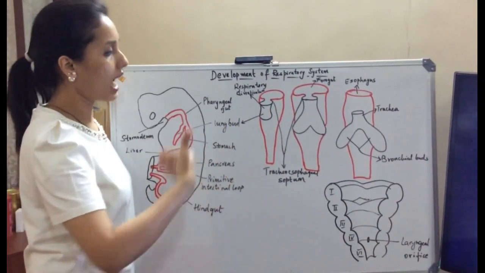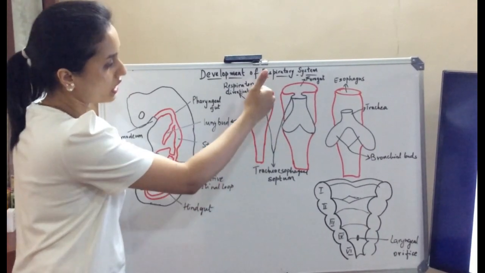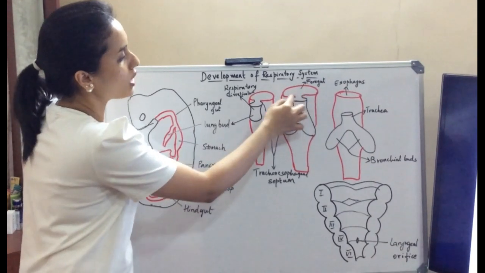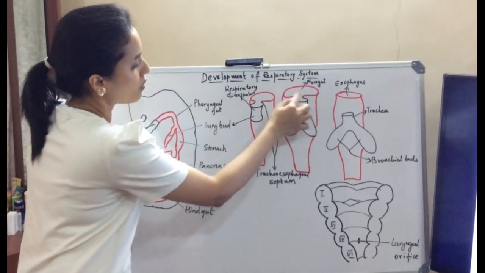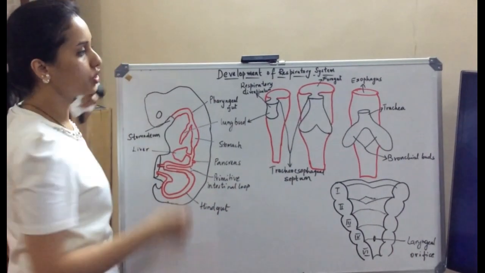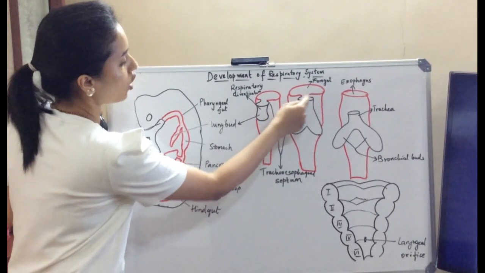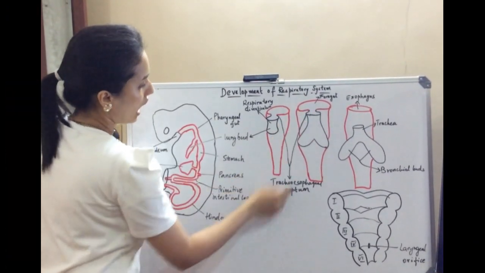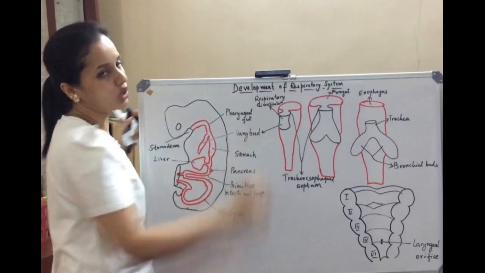So later, as the diverticulum develops caudally, okay, it elongates and develops caudally, there will be formation of two ridges on either side. Okay, there will be formation of two longitudinal ridges which I have marked here. So these are the two longitudinal ridges which appear on either side, and this separates the diverticulum from the foregut.